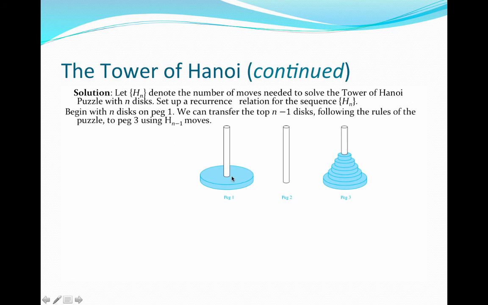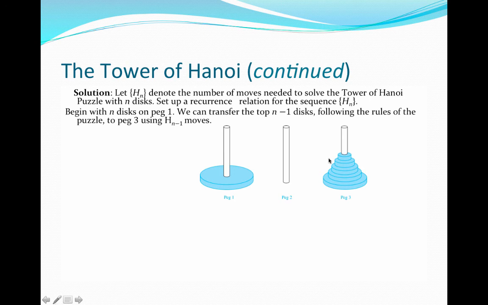We want to get the bottom disc onto peg 2. That means we need to move the top n-1 discs off of this bottom disc, off of peg 1, so that we can move this disc to peg 2. We know by our definition of this sequence that we can move n-1 discs from one peg to another in this order using h sub n-1 moves.